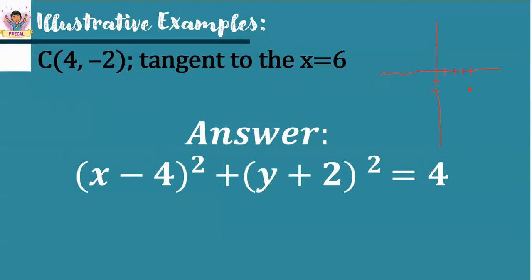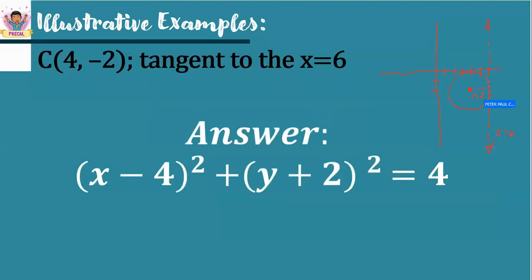And since it is tangent to x equals 6, that line is represented by this vertical line. So this is your x equals 6. And since this is the center, the circle will touch that line. So this will be your circle, okay? Then your r here is obviously 2.